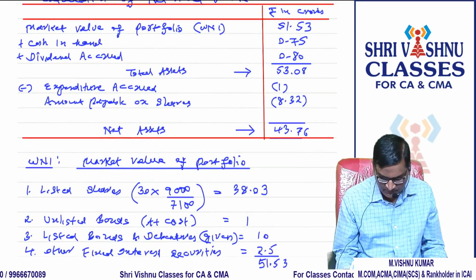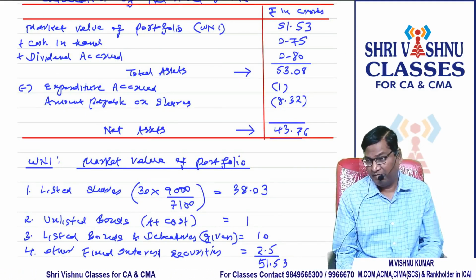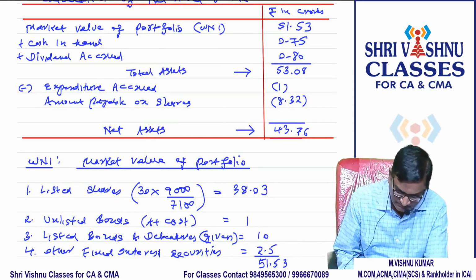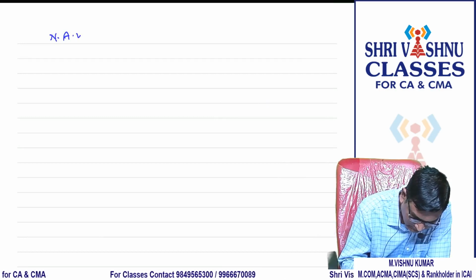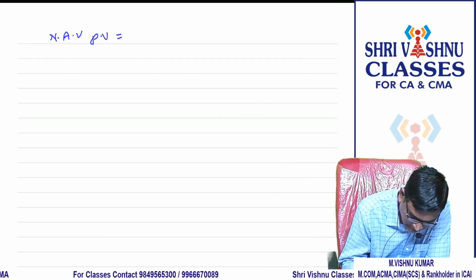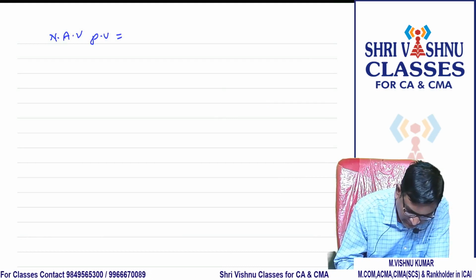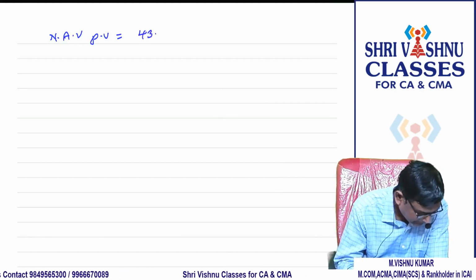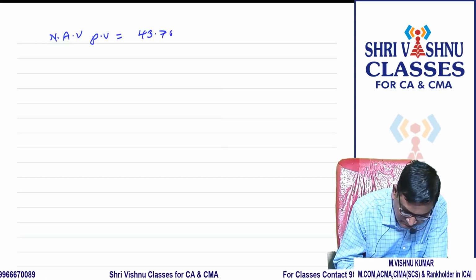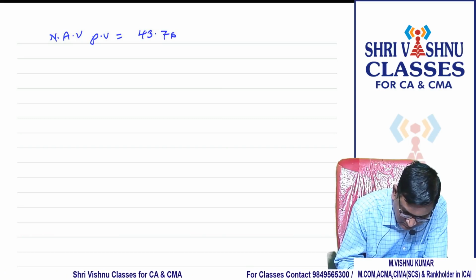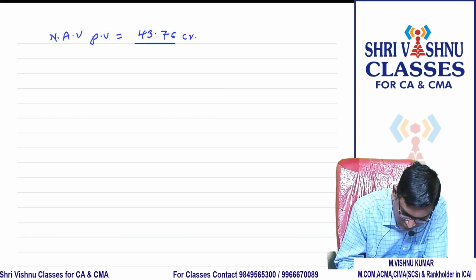Right, sir. Now you have to calculate the NAV per unit. So 43.76 divided by this, crores.